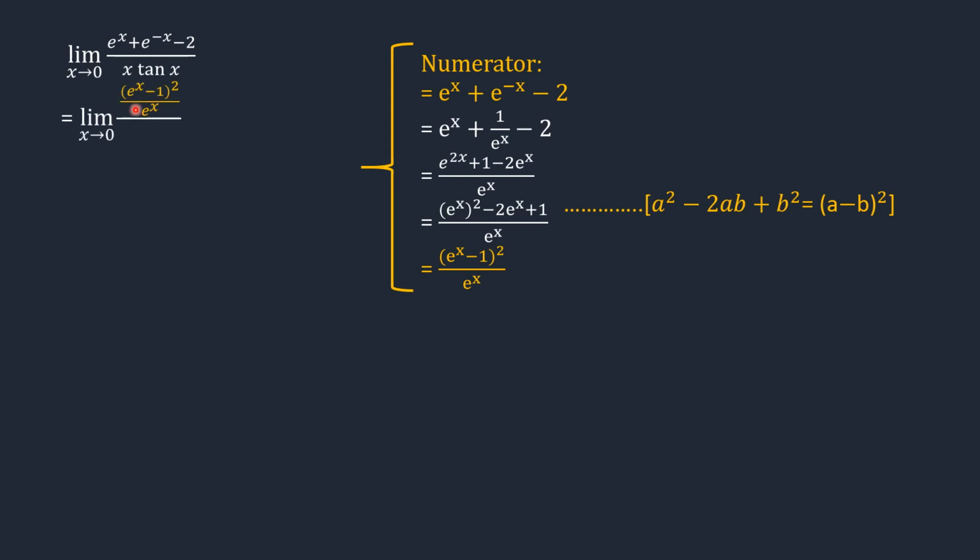See here, we have written the numerator as what we have found out here. In the next step, we will write this e to the power x along with x tan x. So it will be here.